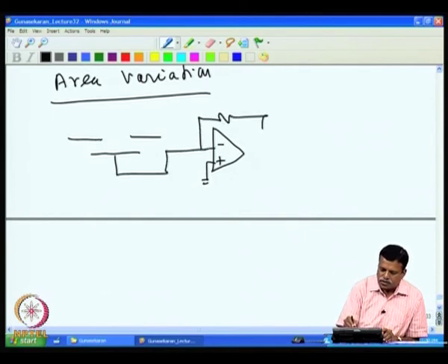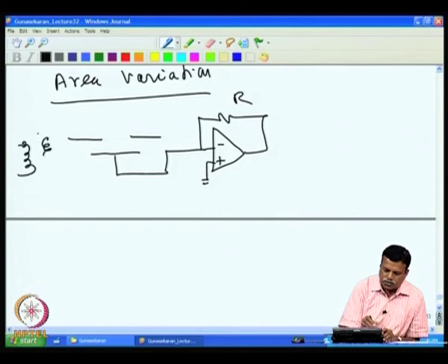then have this resistance R. And these two are similar to the last time. We will connect to two sources, that is, I can connect the center tap here and then connect one to this, then another to this.